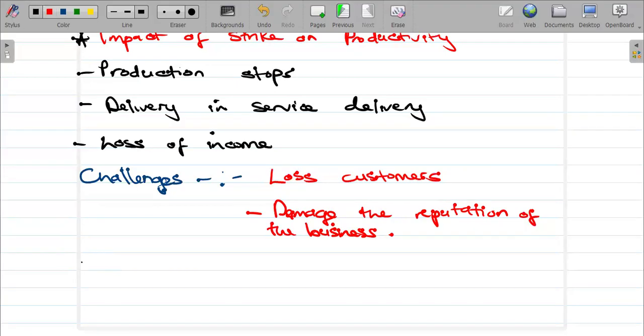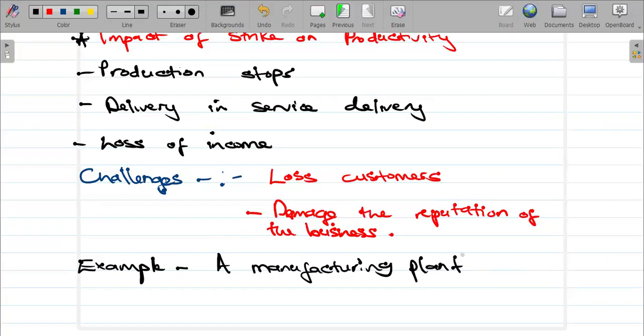For example, a manufacturing plant shuts down during a wage strike.